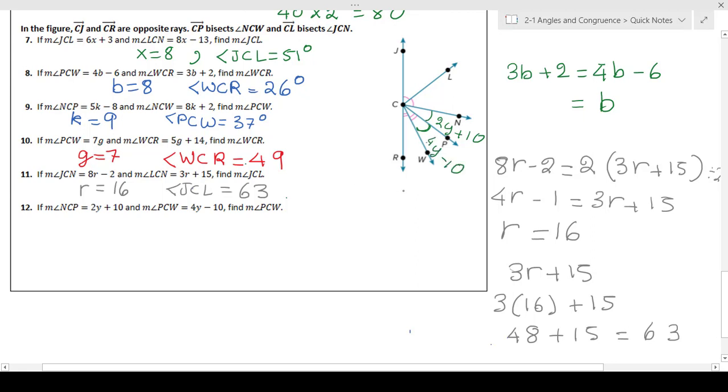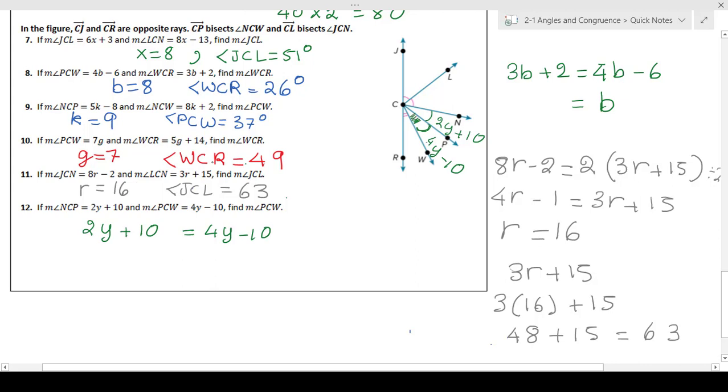Find the measure of PCW. He wants the measure of this one. Now, in order to find the measure, we must find the unknown first. So, 2y plus 10 is equal to 4y minus 10, because CP is the bisector of this angle.